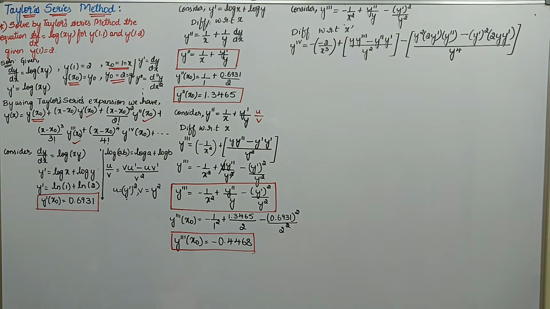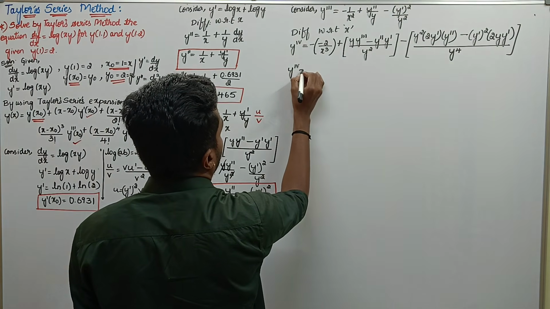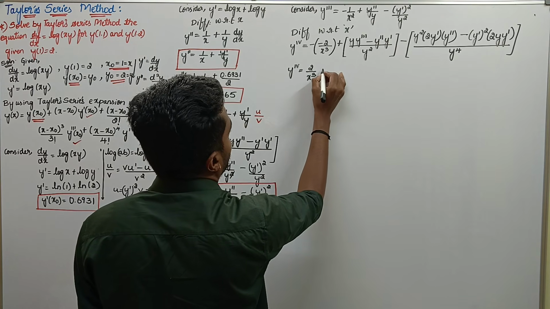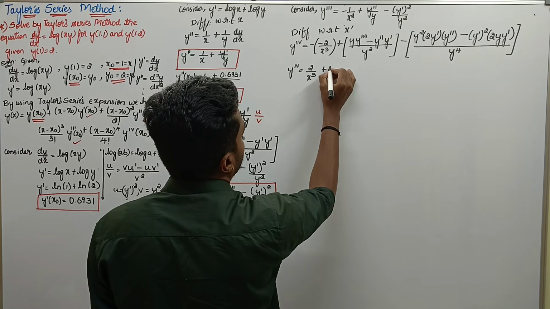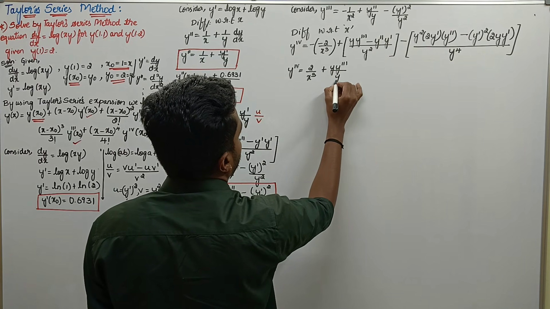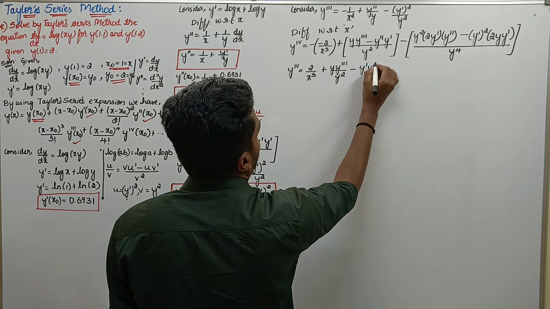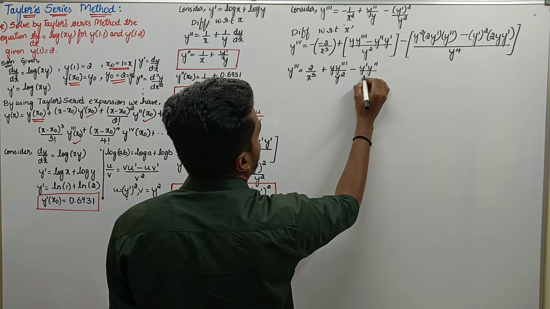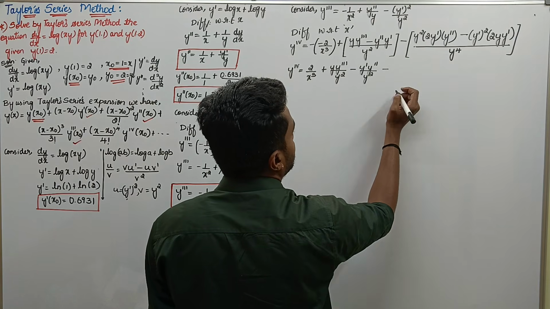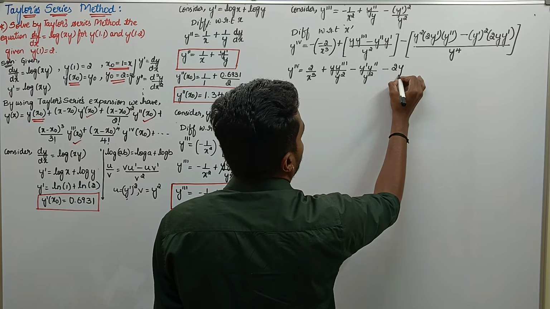Got the point? Now let us simplify. y to the power of 4 equals minus into minus plus 2 by x cube plus, you can split the terms, y into y triple dash by y square minus y dash into y double dash divided by y square minus, plus into minus 2 y square.